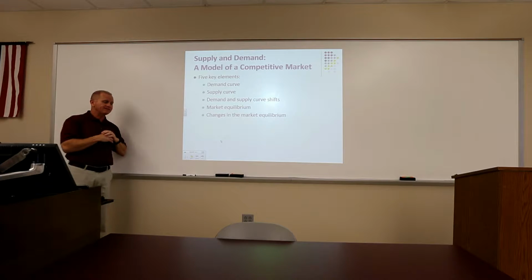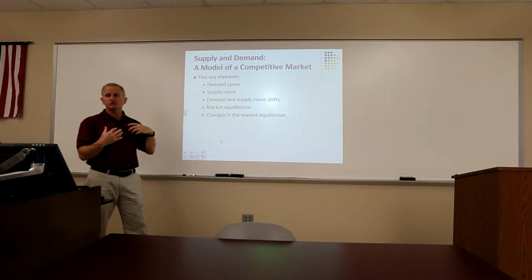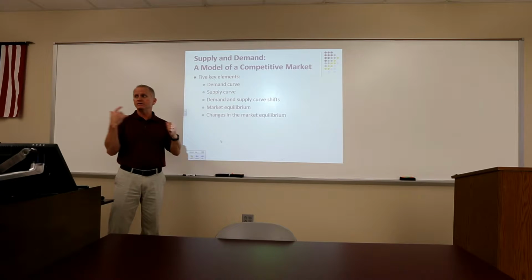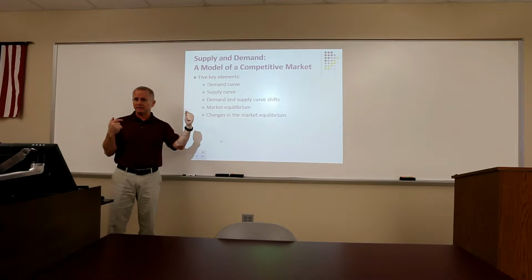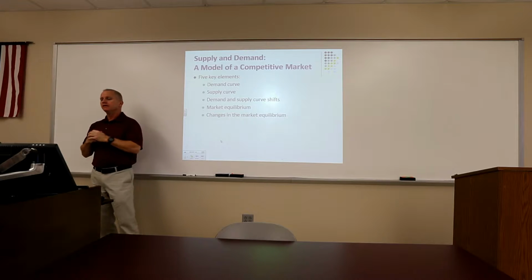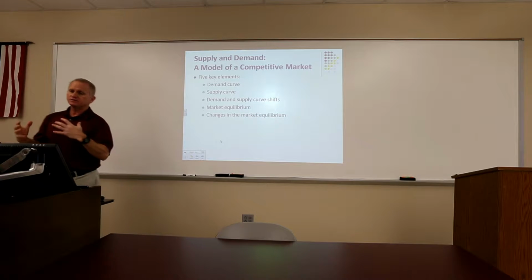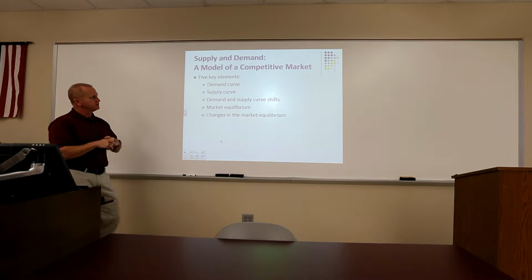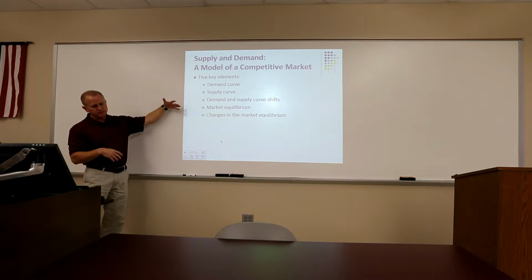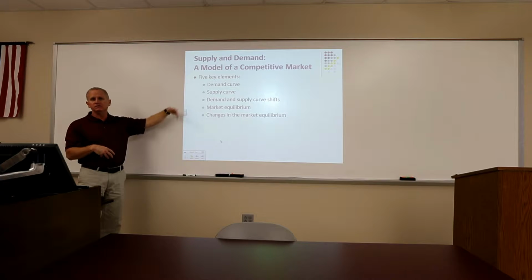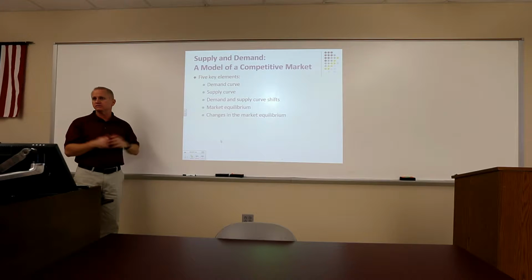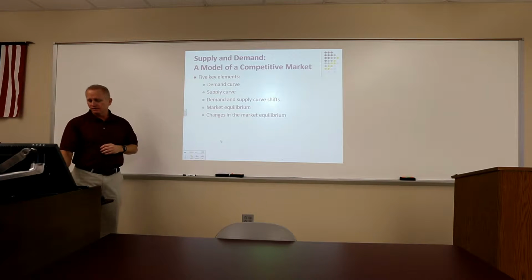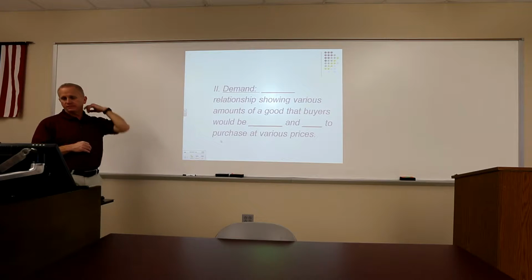We're also going to look at the shifting of curves, as they shift together, or one shifting while the other is stationary, and what that does to prices, the market equilibrium price. That's a summary of what we're going to be doing for the rest of the slides. So we're going to start with demand first.